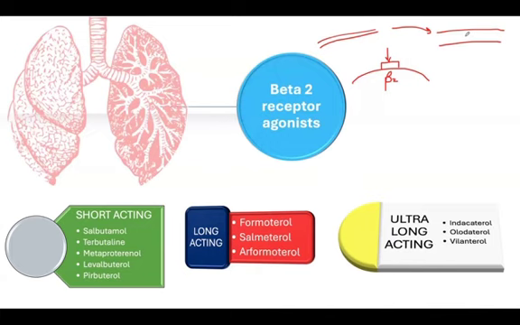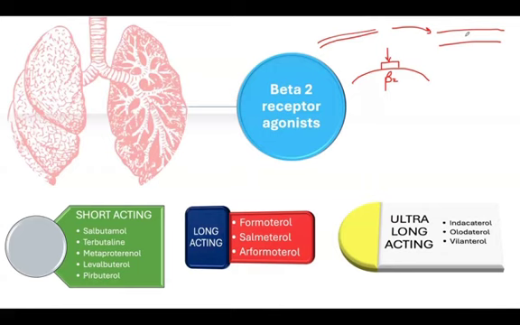Long-acting could be used twice a day. Ultra-long-acting could be used once a day. And normally, we advise that long-acting and ultra-long-acting agents should not be used alone to prevent an asthmatic attack. We tend to use them together with steroids. Otherwise, they worsen the person's condition.